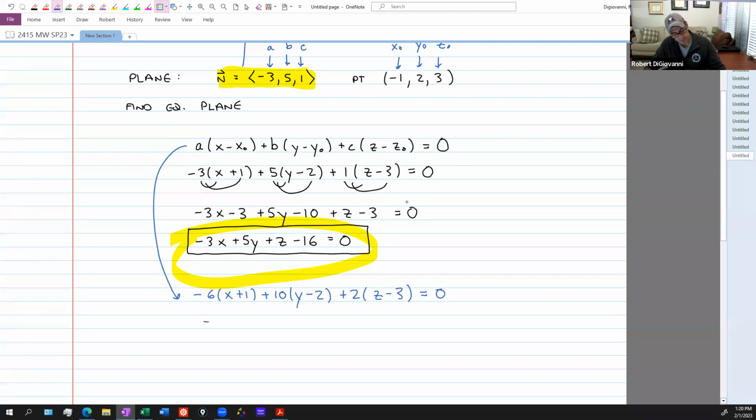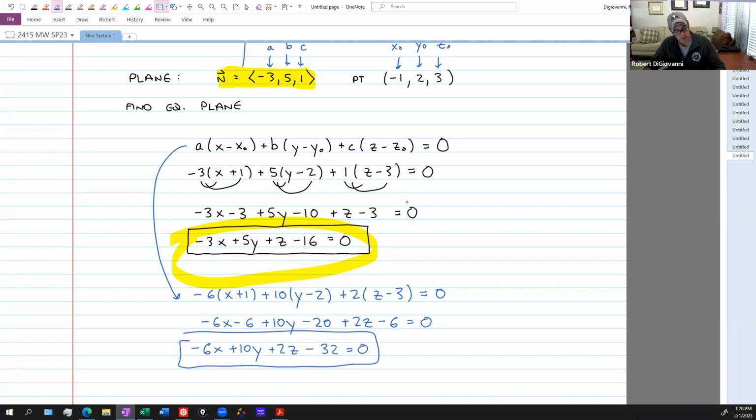Distribute through, and then move all your x stuff and y stuff together. What is that, minus 32? There's my equation. Any questions on how I got that?